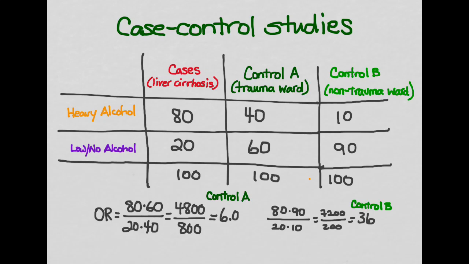So that's an example of a selection bias that case control studies in particular are vulnerable to, because you have to create your own control group, and that's really hard to do without knowing what kinds of factors are related to the development of the outcome.